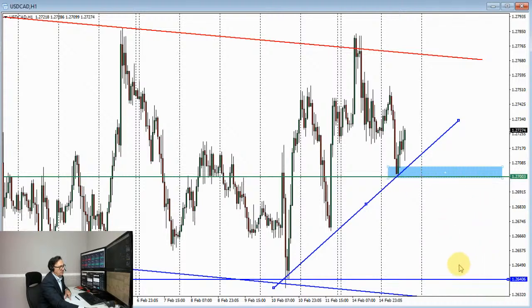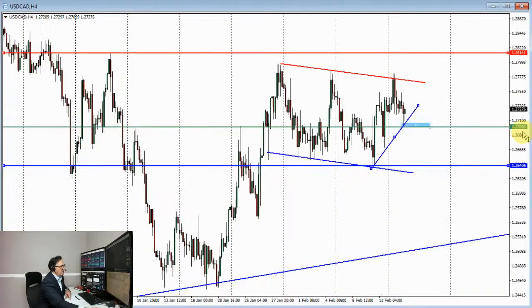So about 40 points of risk for the potential extension to the upside. Initially up here at 127.80, breakout above there, 128.20, and so on. So that's where I am with dollar CAD. CAD looks very, very bullish. And the level of interest is at 127 for me.